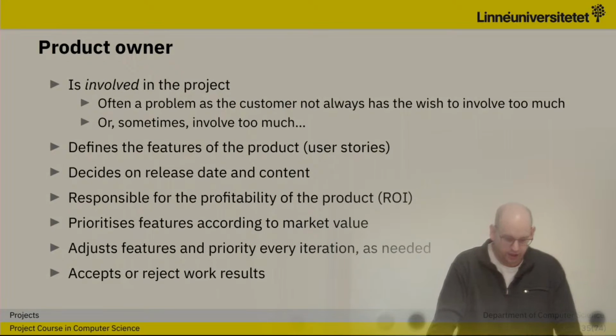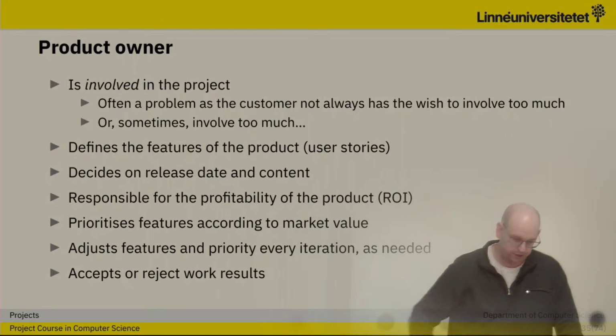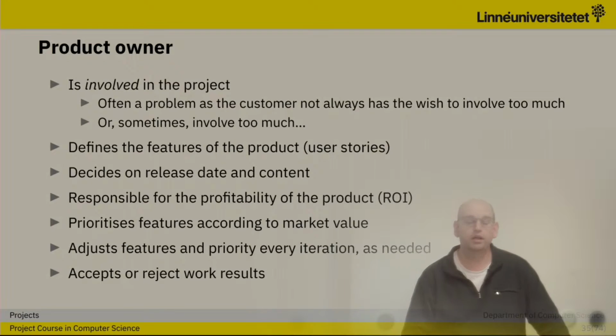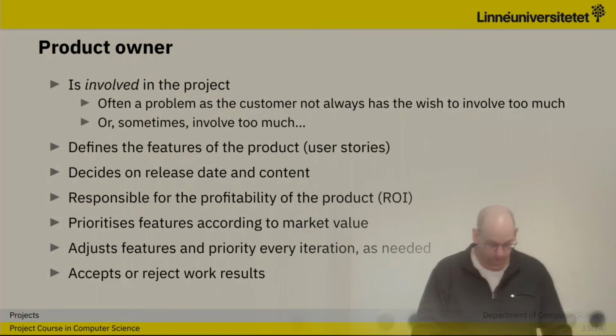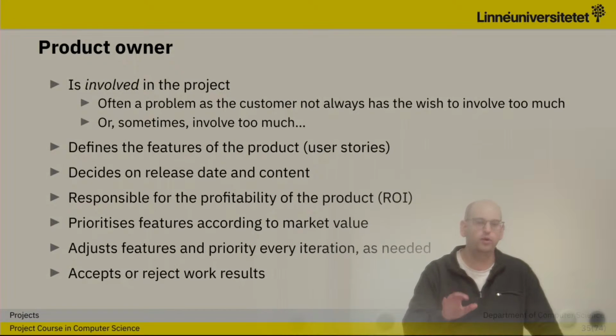It's also the product owner who adjusts features for every iteration, because it might be that the requirements are not fully understood. That's one of the basic ideas of working like this, to know that the requirements aren't there to begin with. We have to work with them, and we need to find a way to understand it.